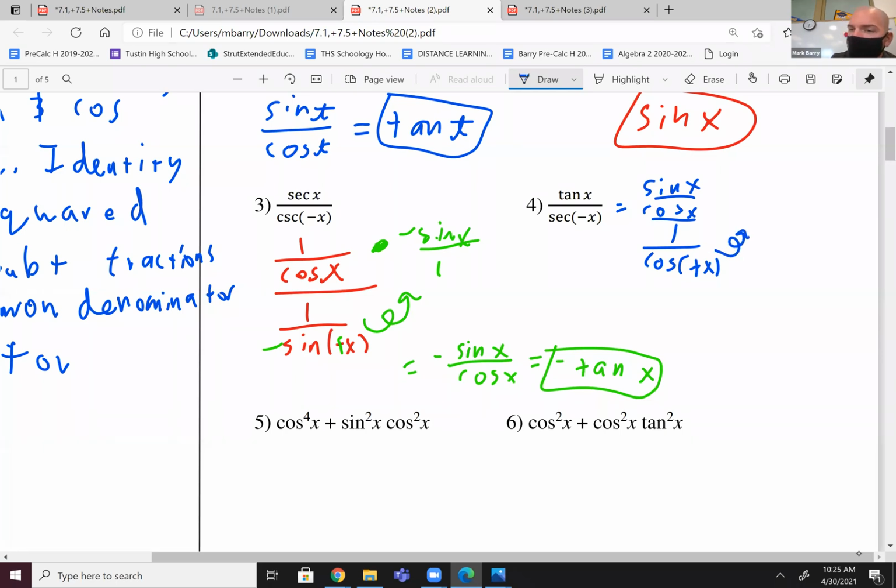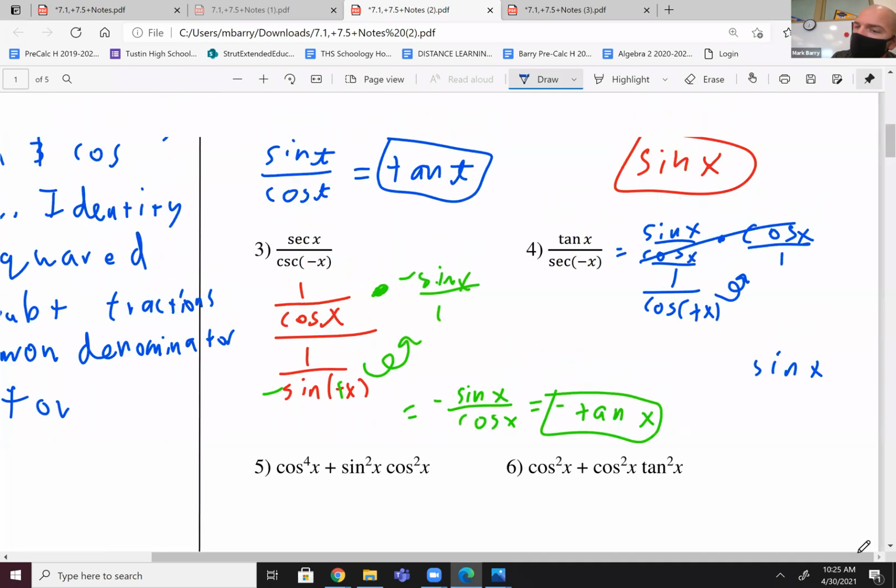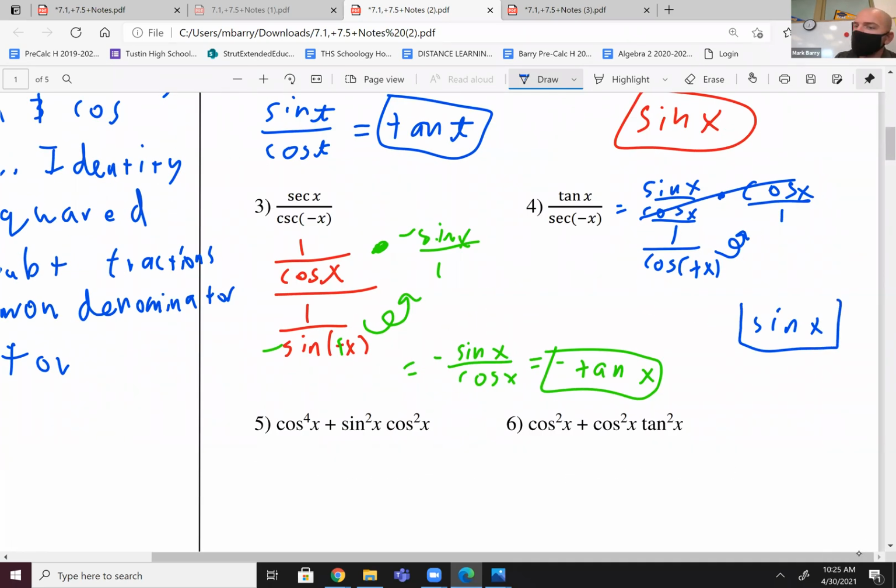I'm going to go ahead and multiply by the reciprocal there. So times cosine x over 1. Cross cancel. And all we have left is sine x over 1, which I would just write as sine x.